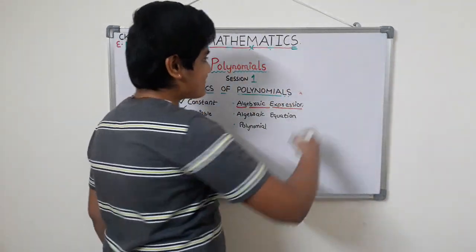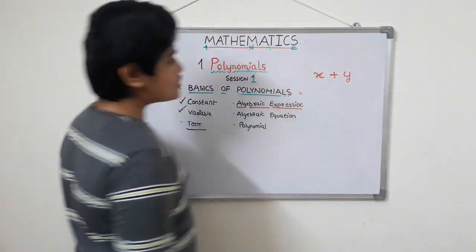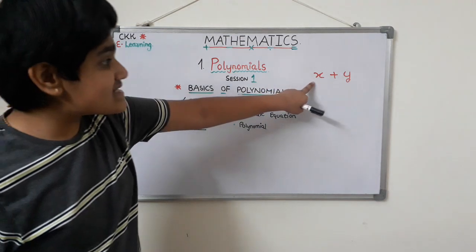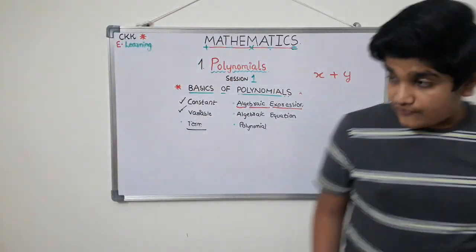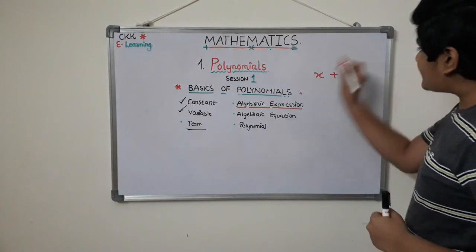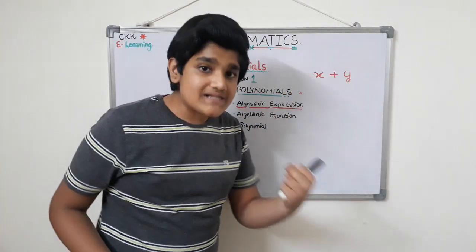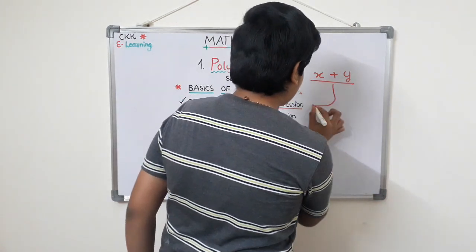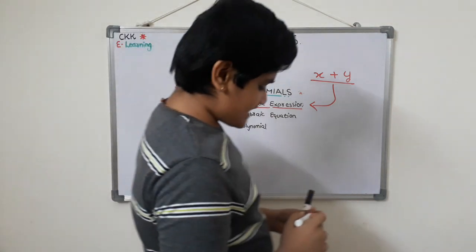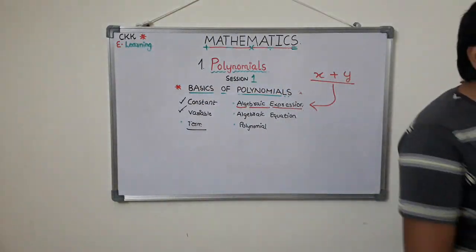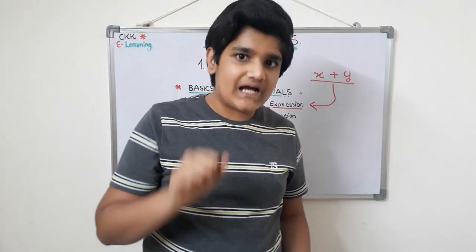Now see, before I gave you an example, x plus y. I told you this total is not a term, but x is a term and y is a term. We are adding 2 terms here, but this total is not a term. But this should also have a name. This total is known as an algebraic expression. Adding or subtracting 2 or more terms is known as an algebraic expression.